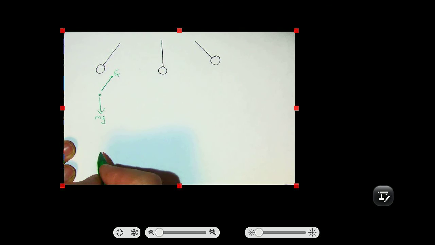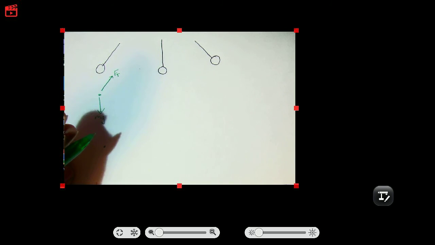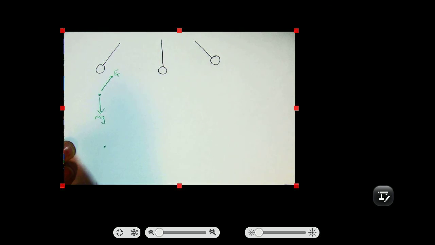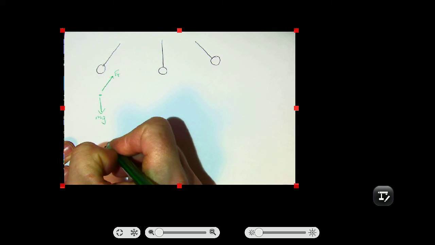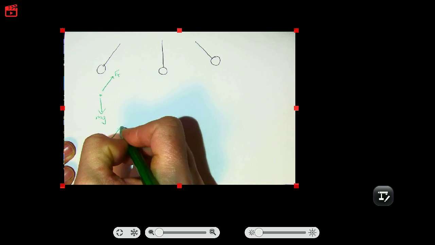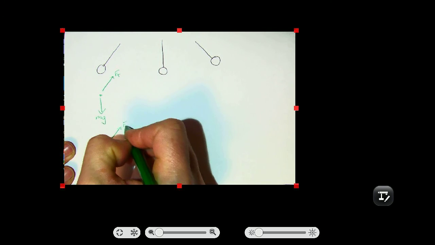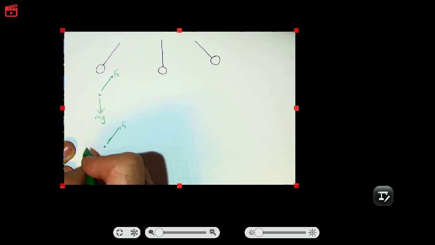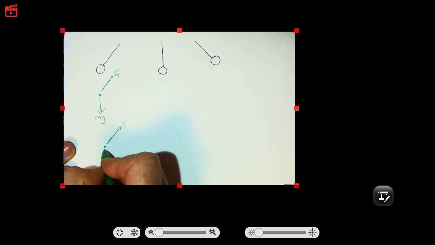If we break that down into its component parts, and remember, this is kind of like our ramp forces, I'm going to rotate my point of view. Force of tension goes this way.